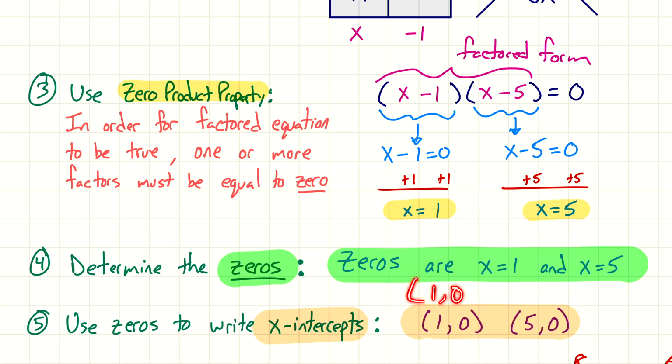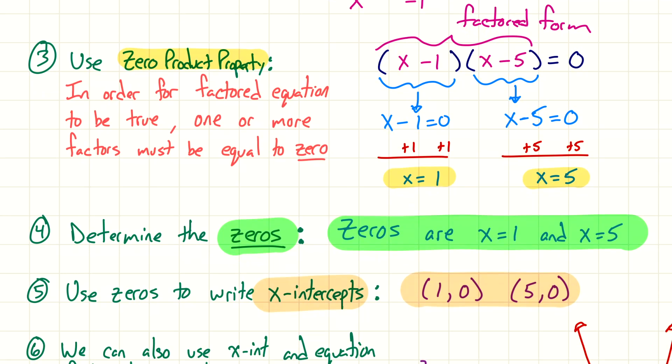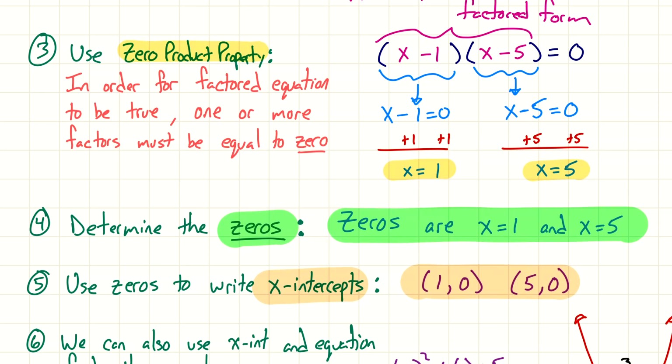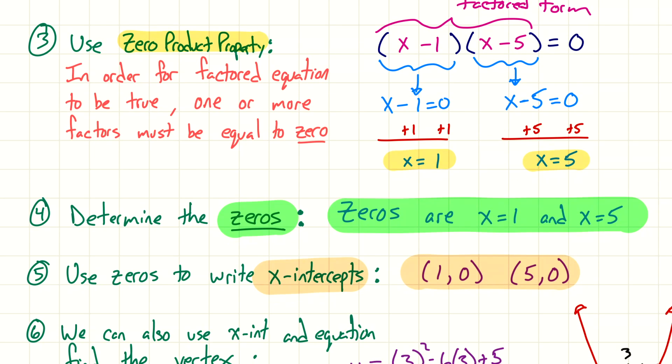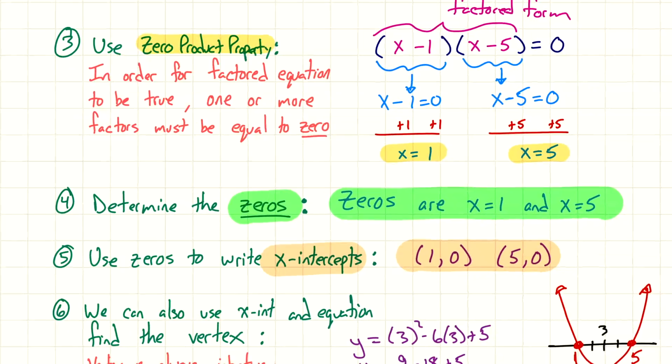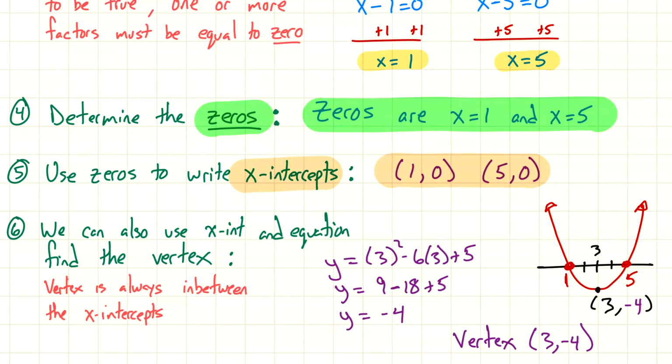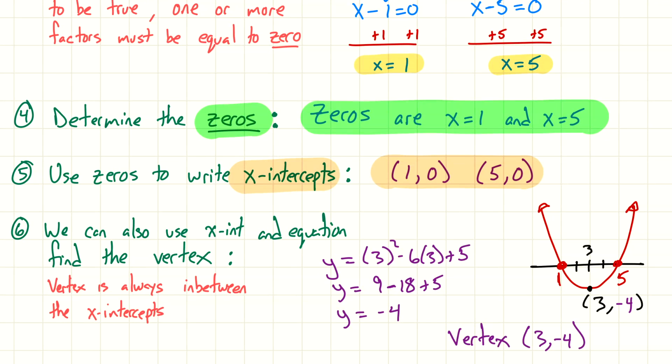Coordinates always have parentheses on them. At this point, we have 2 points on our graph, which is enough to start our graph. For this next part, I've sketched a little bit of a picture of the parabola here on the right side.